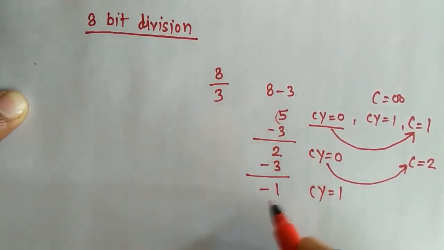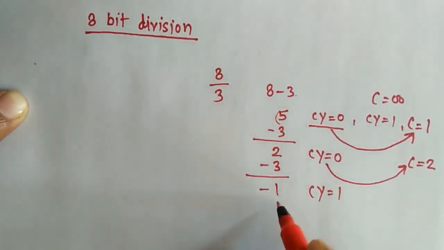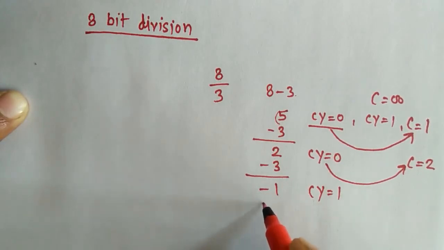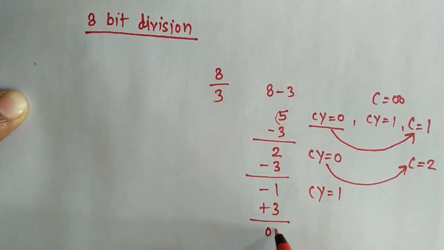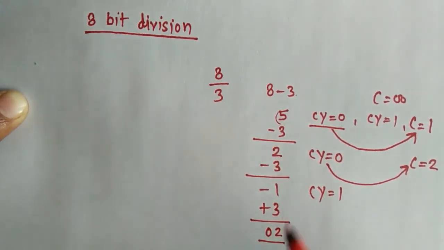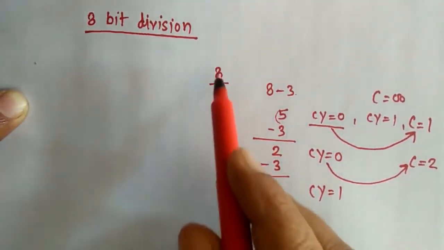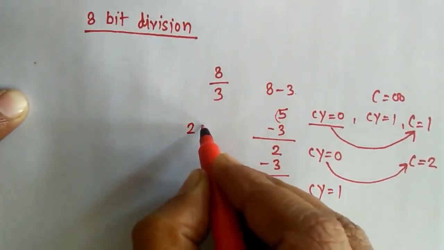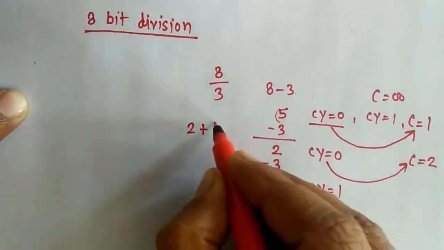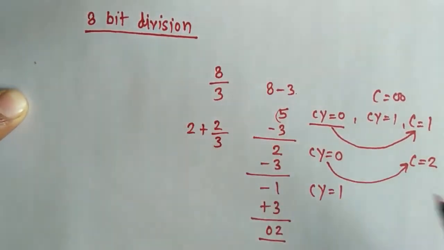After that we will simply add the original number again. So here we will get 2. What we are doing here is, when you divide by 3, your quotient will be 2, and you can write it as 2 plus 2 by 3.